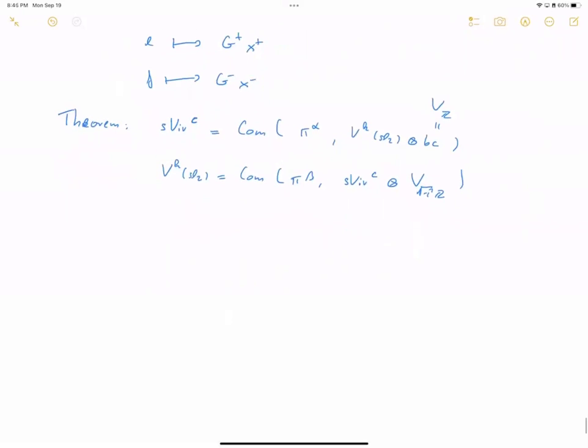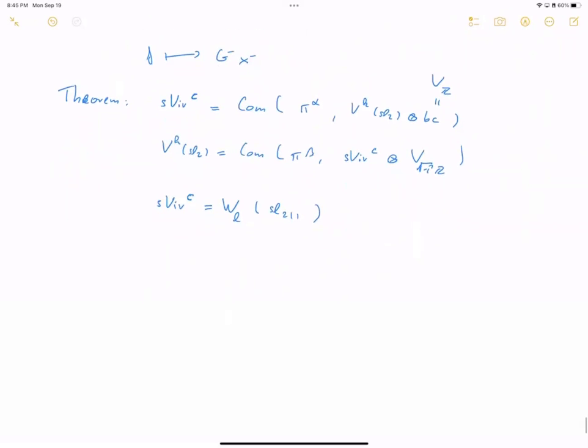Let me give you here one small comment on duality. So the super Virasoro algebra is the same thing as the principal W algebra of the Lie superalgebra SL2/1.